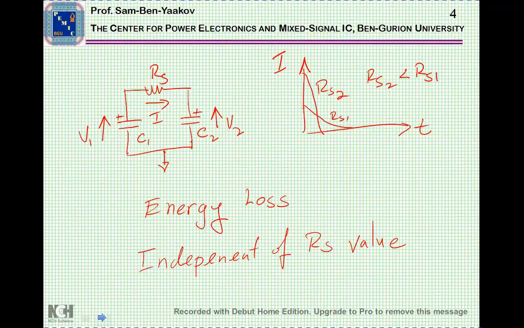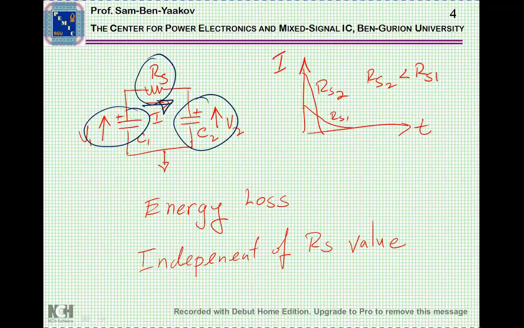Looking at it in a more physical way, or maybe an engineering way, what we have here are two capacitors which are charged. The voltages are different. I'm connecting them, but the circuit has some finite series resistance. Now, there is a current flowing through this resistance, which dissipates energy or power, and consequently, we'll end up with an amount of energy which is lower than the energy we started with.